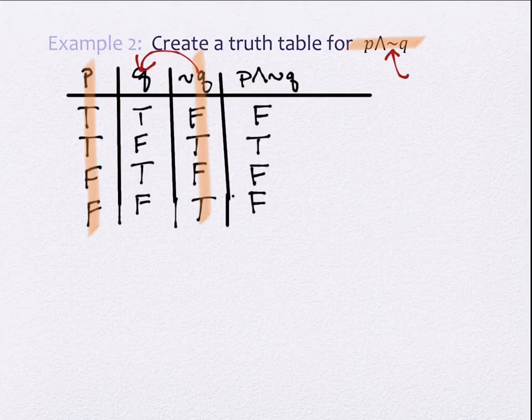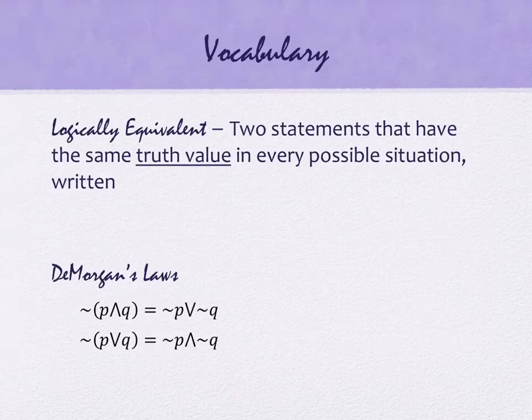Logically equivalent. Two statements are logically equivalent if they have the same truth value in every possible situation. And it's written as a triple equal sign. That's what logically equivalent looks like: two statements that mean the same thing.